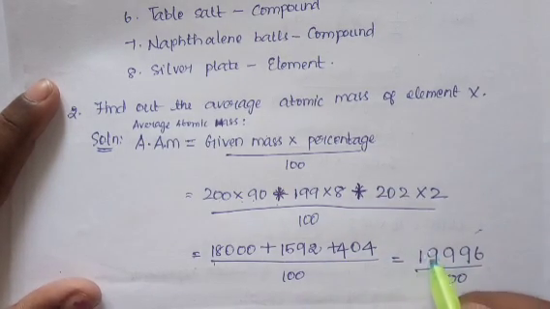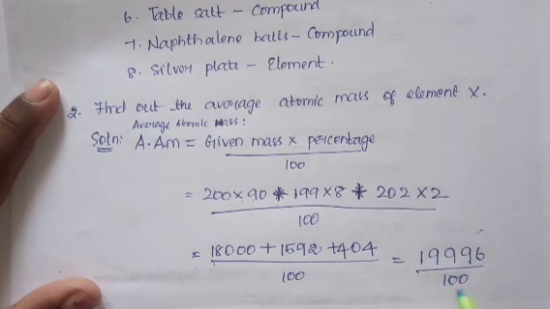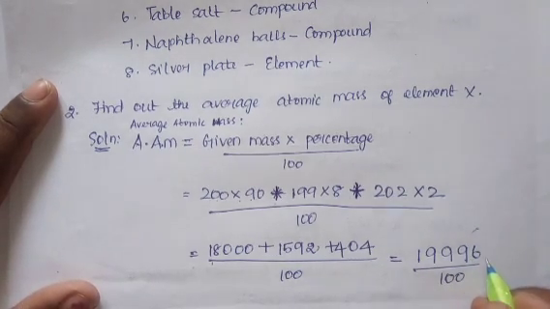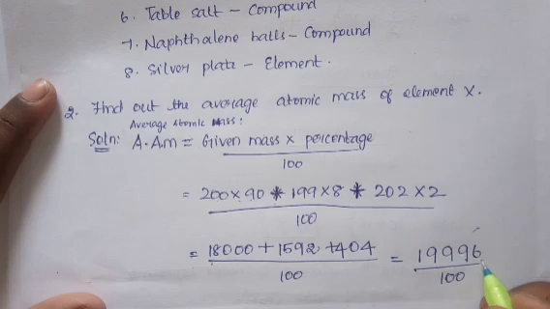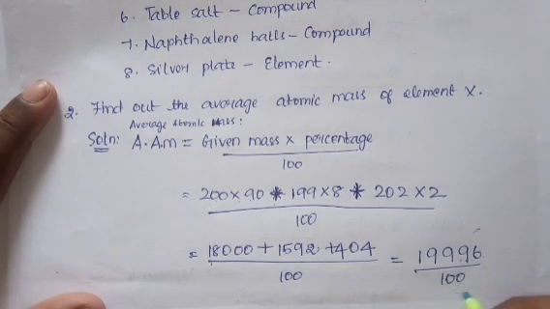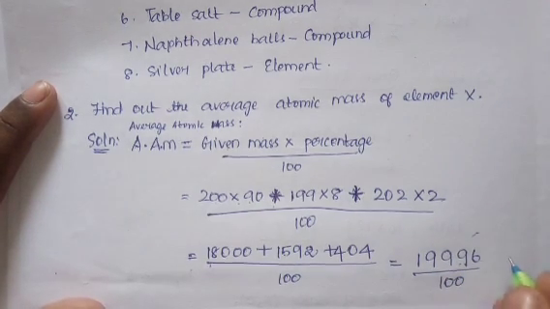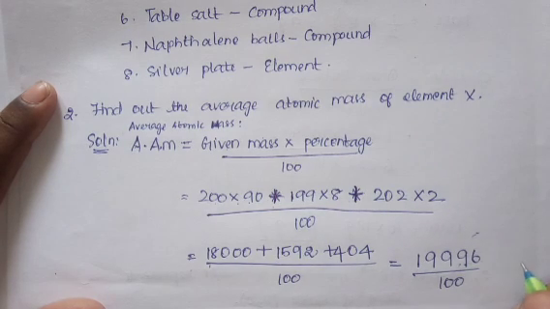is equal to 19996 by 100. Since it is divided by 100, we have to move the decimal point forward, whereas if it is multiplication by 100, we keep the decimal point after the number.